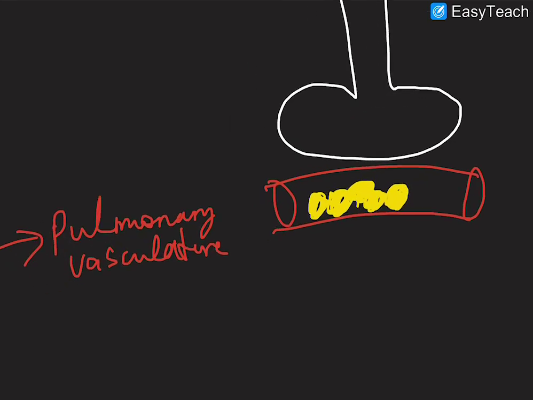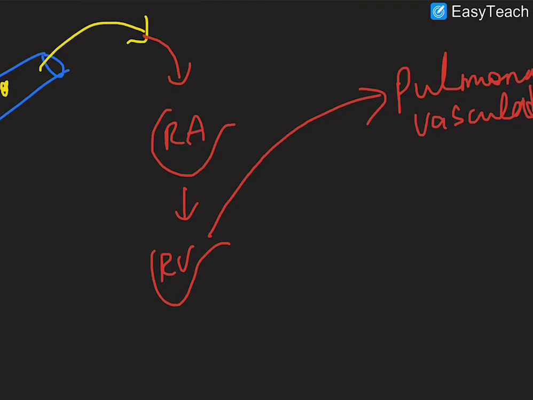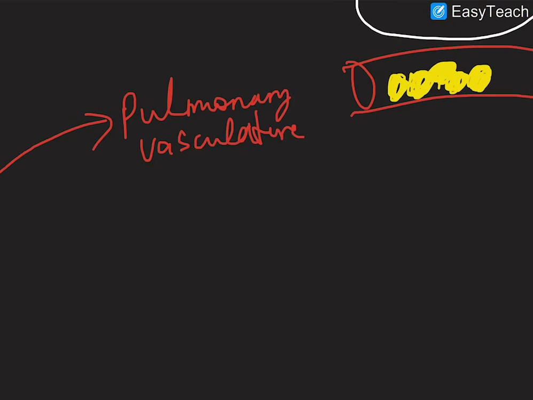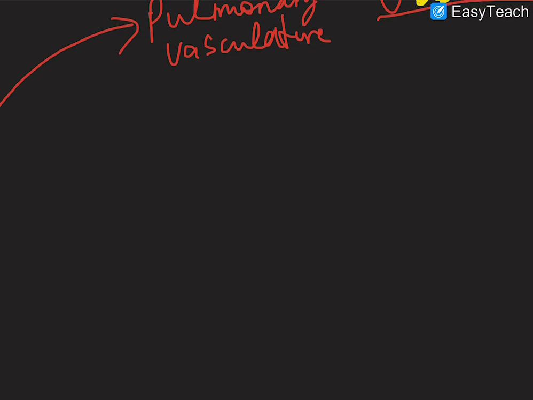But fat embolism syndrome not only affects your lungs, it can affect your brain and skin. So there's actually a triad that we should remember that we'll visit in a bit.